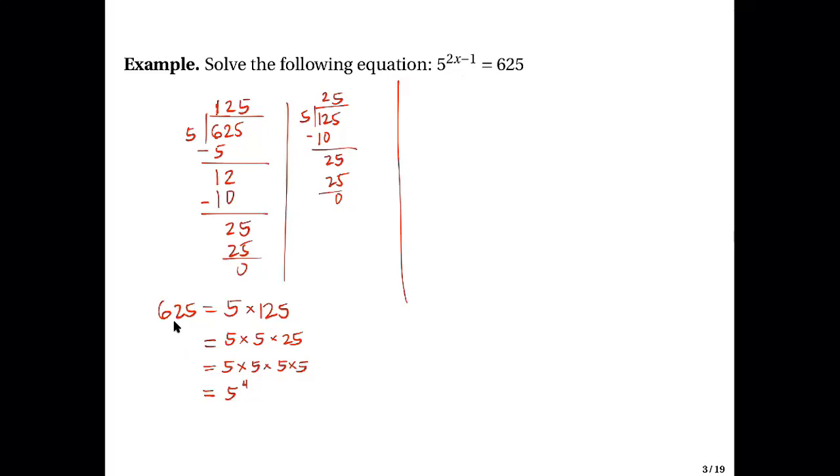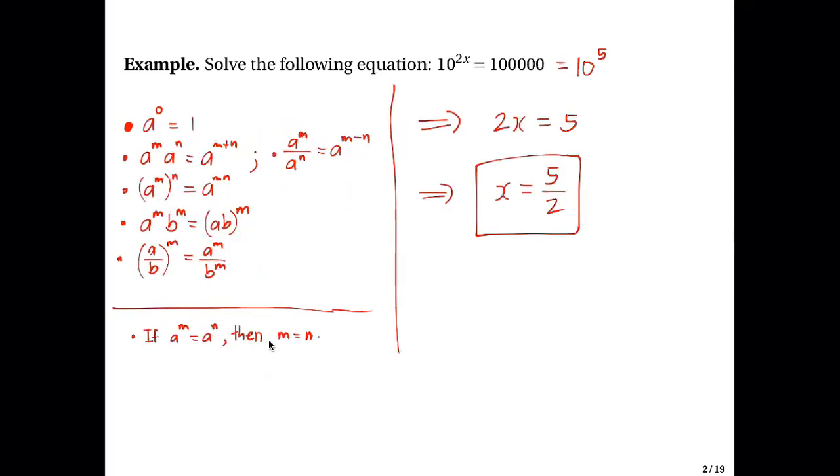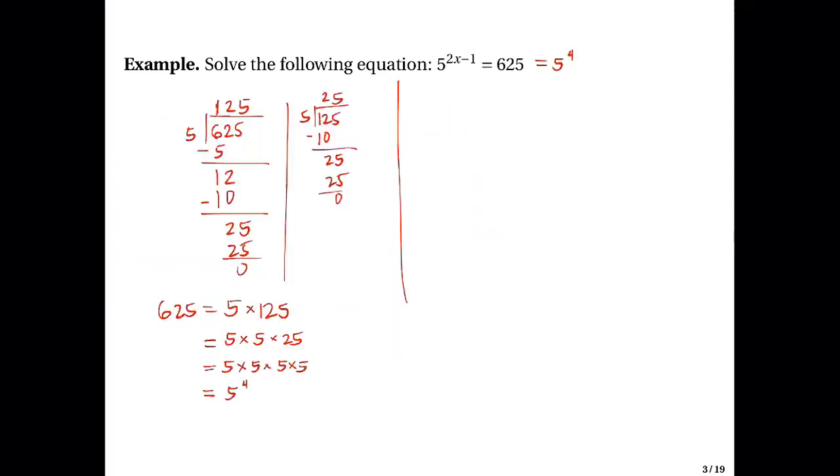equation. So we now know that 625 is 5 raised to 4. So we write now 625 as 5 raised to 4. And then using this same property here, we just equate the exponent.